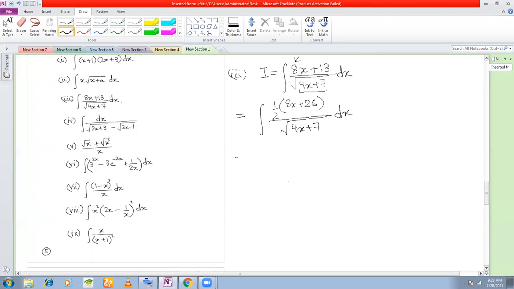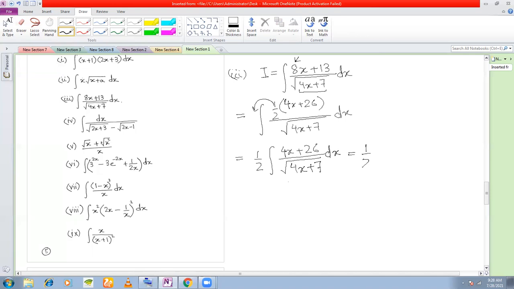Okay, now what can I do? I can take this half out of the integration. Half integral (8x plus 26) divided by square root of, so not 8x, this is 4x. Okay, divided by 4x plus 7 dx.